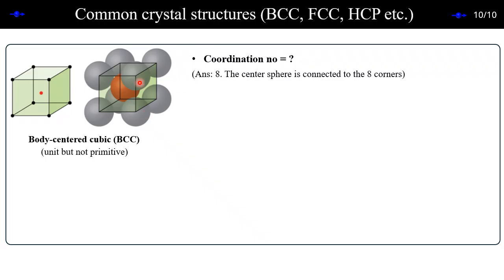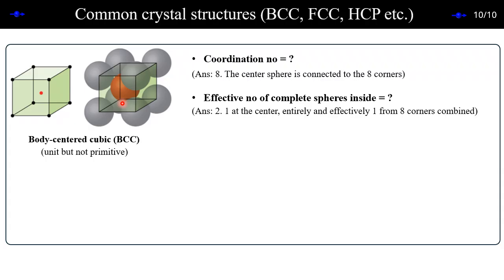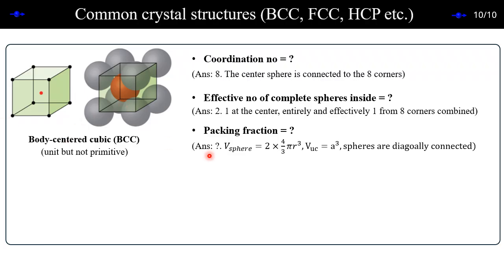Then how many spheres do we have effectively inside this box? One coming from the corners, as we had earlier, and one sphere already inside. So effectively 2. Then can you find the packing fraction? 4 by 3 pi r cube.